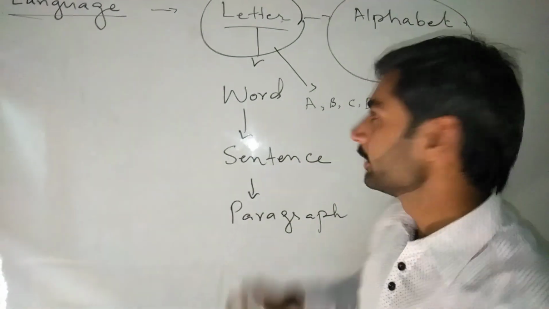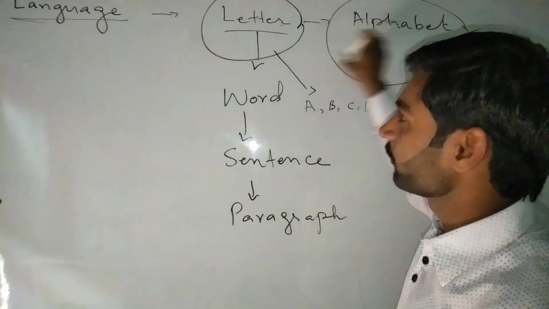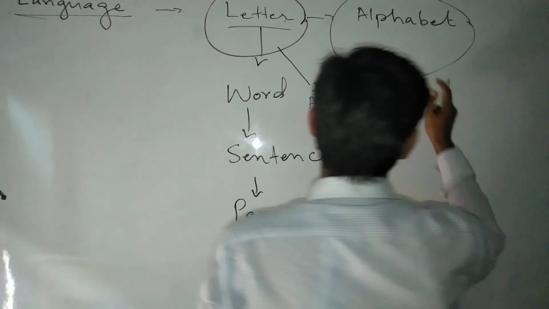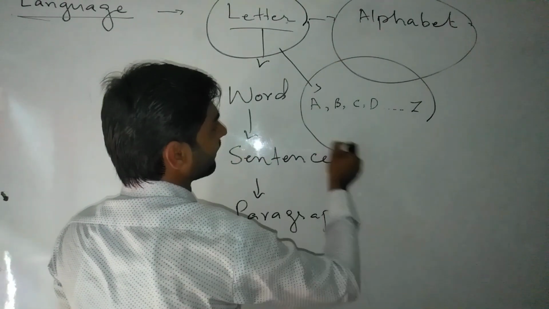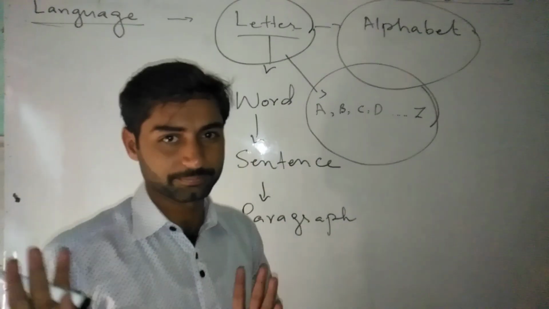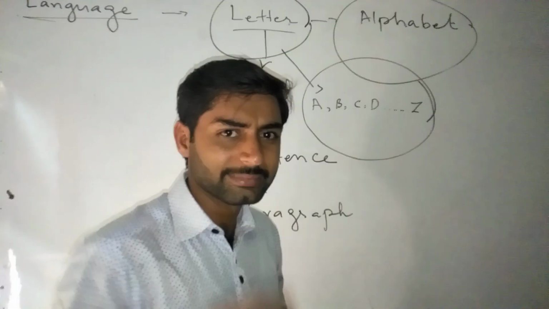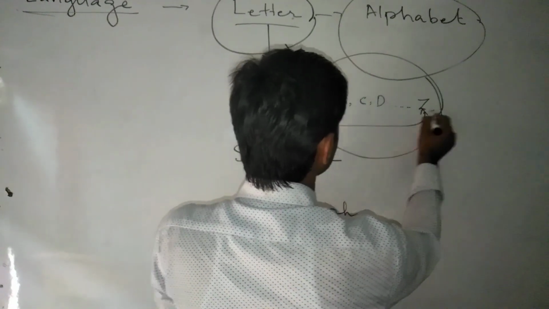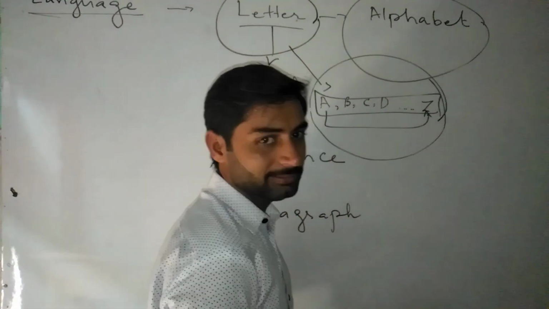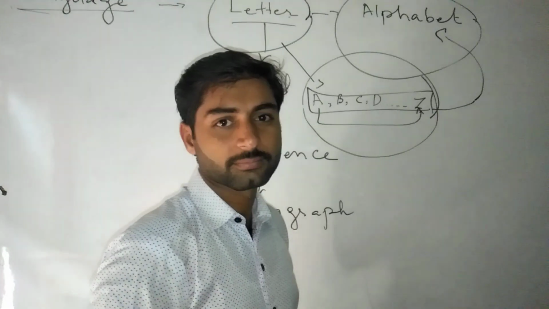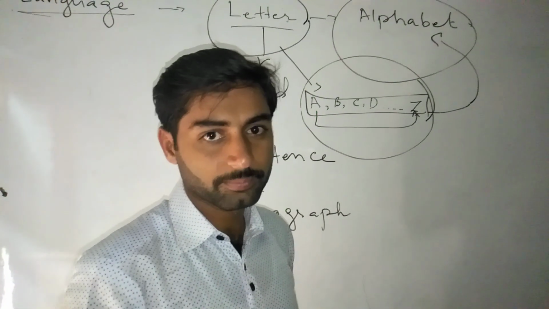If we differentiate between a letter and an alphabet, we can simply say that an alphabet is a set of letters, like A to Z. This whole set of letters is said to be an alphabet.